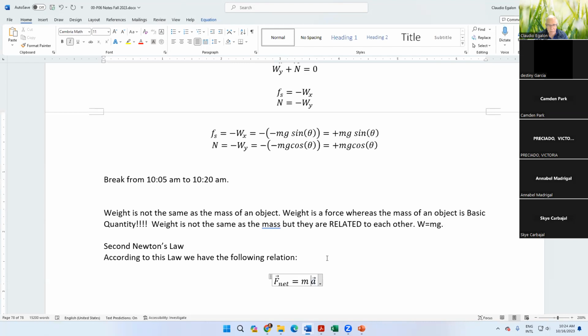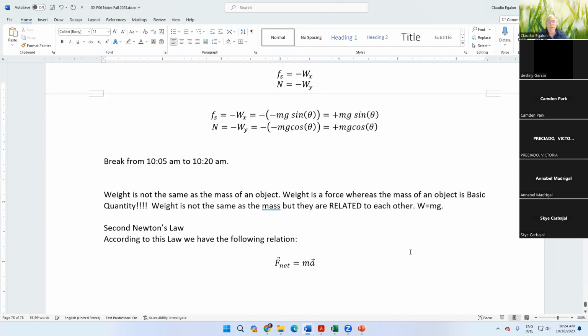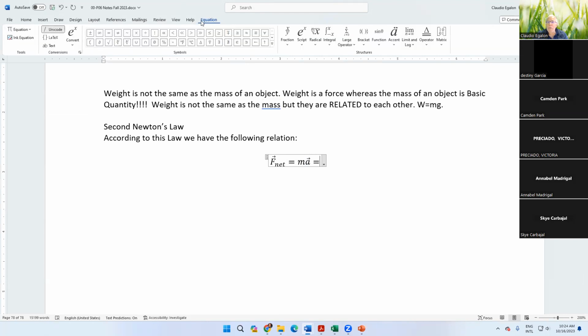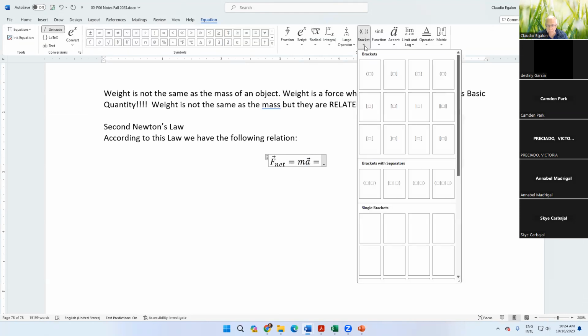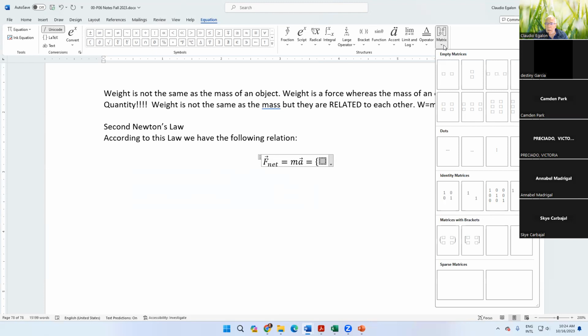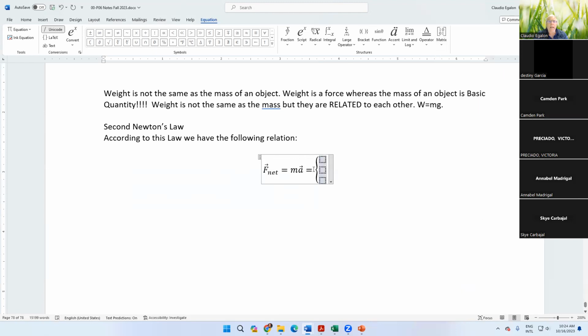That's what you have to remember. Can you remember that? What you have here is actually three scalar equations.